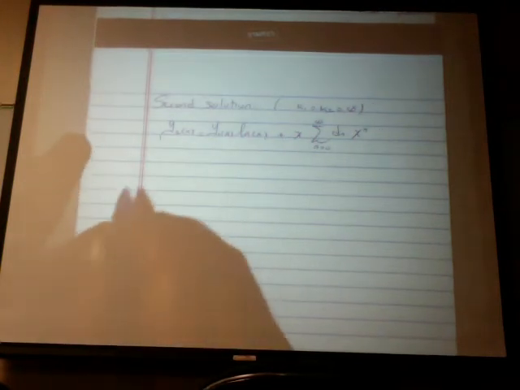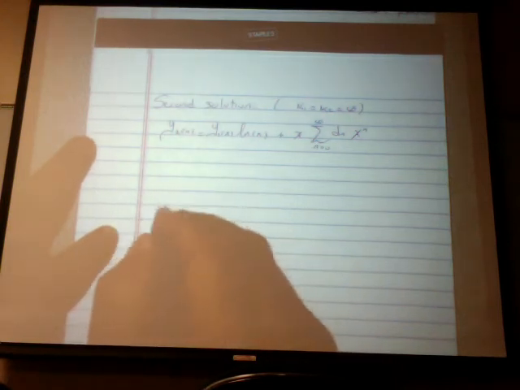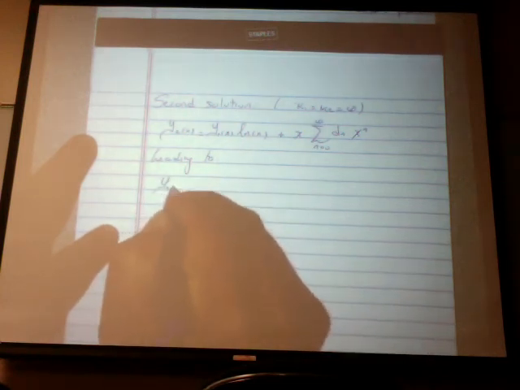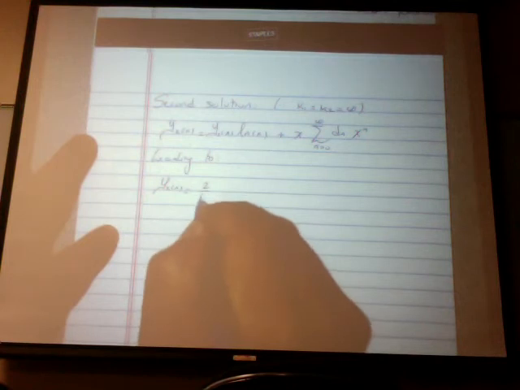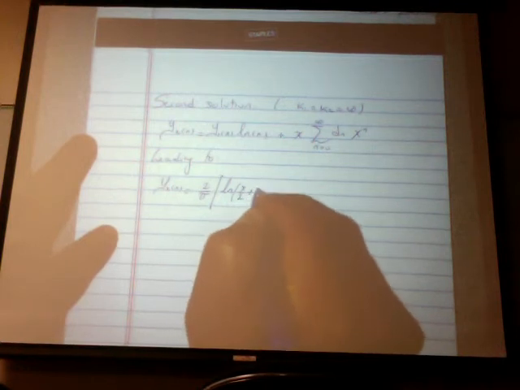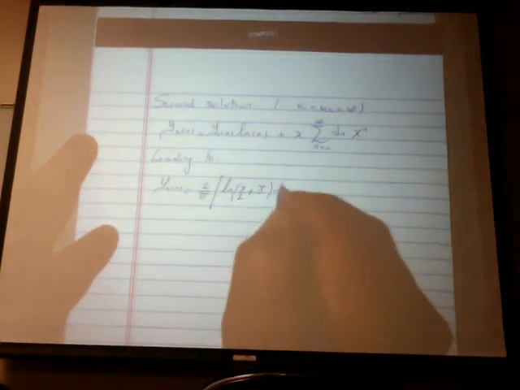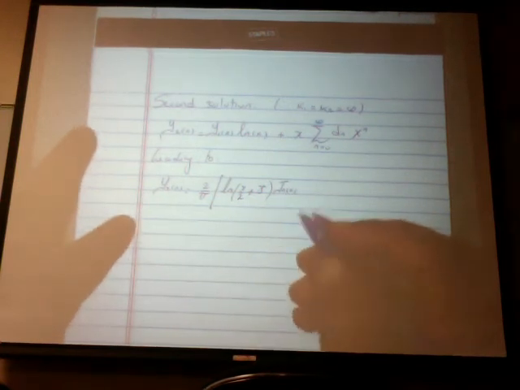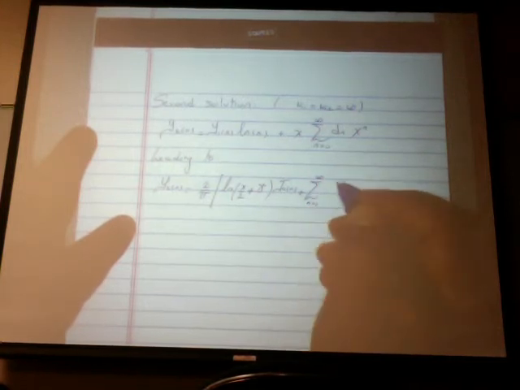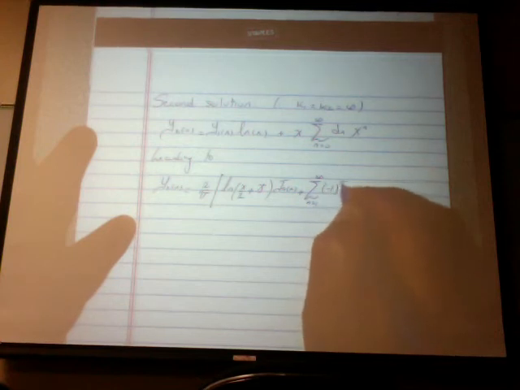Now, I'm not going to go through the process of finding the recurrence relationship and so on, leading to y2 of x is equal to 2 over pi times the log of x over 2 plus gamma, times j0 of x, plus the summation from n equals 1 to infinity of minus 1 to the power of n plus 1.